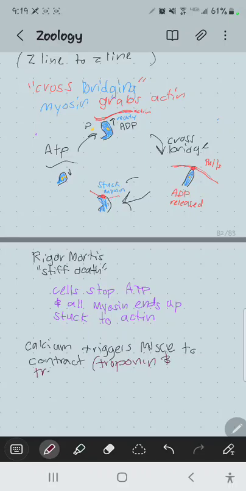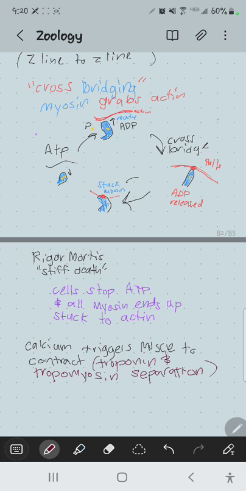So it's calcium that stimulates muscle contraction by releasing tropomyosin indirectly, right? Got it? Okay, so I'm not going to worry about you defining tropomyosin versus troponin. They're kind of related. And calcium is our primary driver of this.